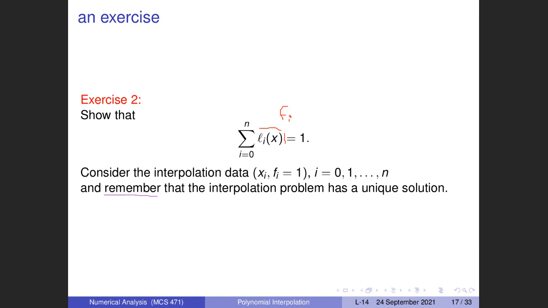The right-hand side is the interpolating polynomial. So 1 is a polynomial of degree 0, which is the lowest degree polynomial through these points.